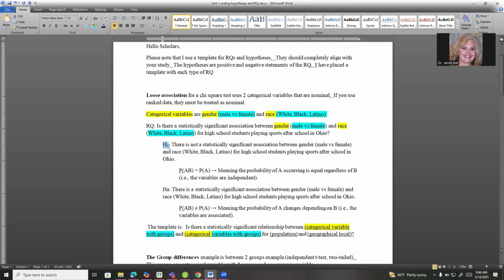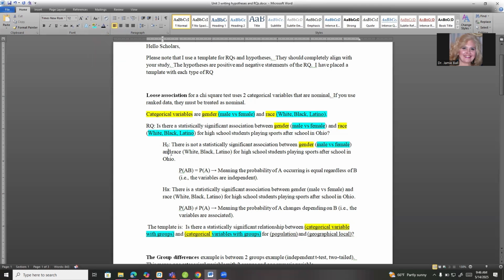All right. And the first thing I give is my null hypothesis, denoted by H0, subscript 0. Notice that. And it's a negative statement of the research question. There is not a statistically significant association between gender. Here's my categorical variable. And I've got male and female for my categories there.